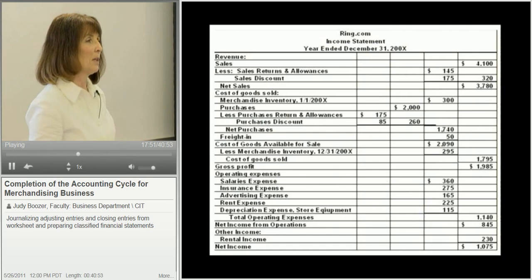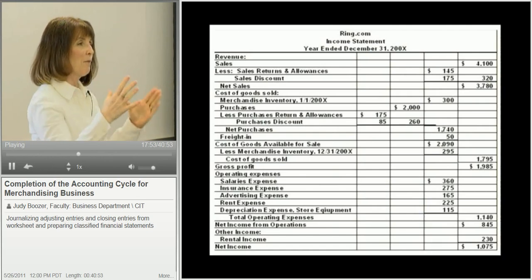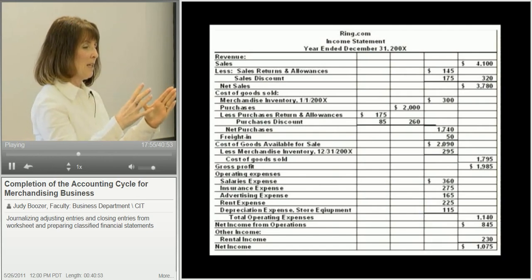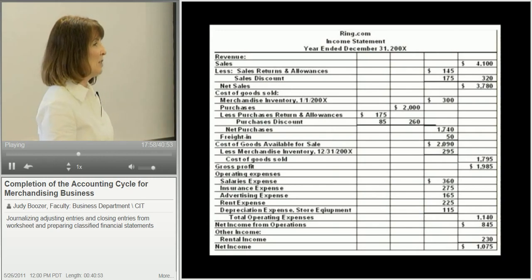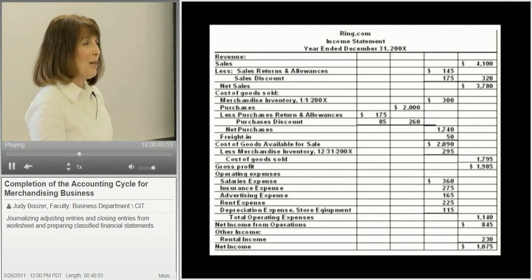For example, if I was to give you a list of information on a worksheet and I said, tell me what net sales is, do you know how to determine net sales? Okay? If I were to ask you, what is the net cost of purchases? Could you tell me how to figure it based on the information given?